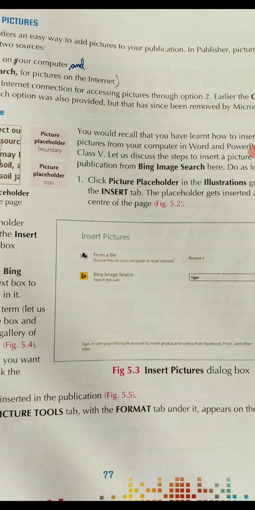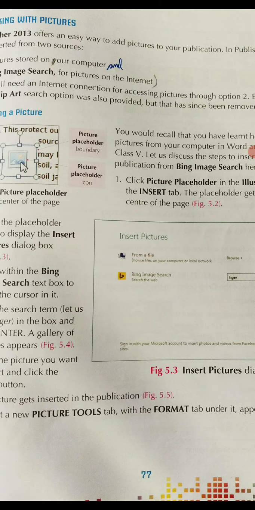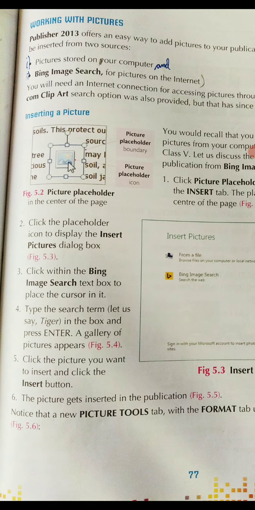See the picture of figure 5.3. In insert picture, you will get one option, that is your Bing image search. So you have to click in the Bing image search text box to place the cursor in it.